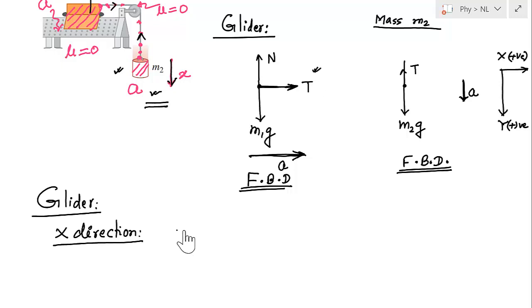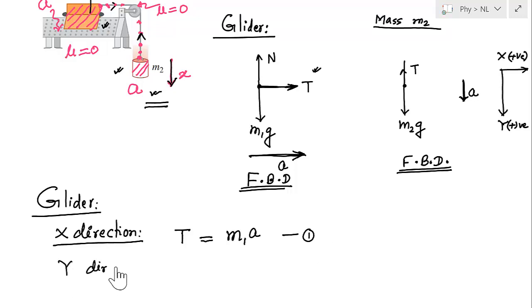So we can write T equals mass times acceleration, force equals mass into acceleration. Mass is m1 and acceleration is a. Because this is frictionless, there is no friction force acting along the x direction. So this is my equation number 1 for the glider in the x direction.